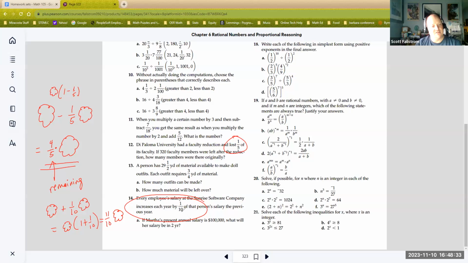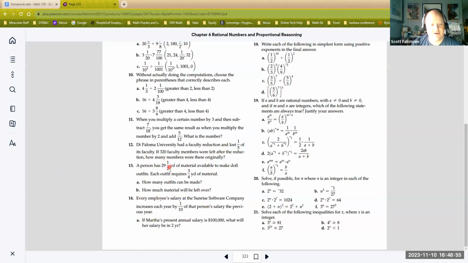See, originally I would have had 10/10, but I got 1/10 more. Now I have 11/10. If I reduce it by 1/5, I have 4/5 left. And that is a really good idea because it makes things so much more convenient as you go forward.